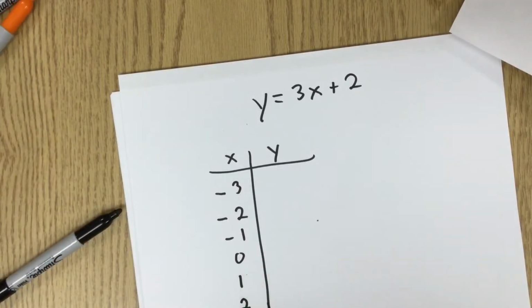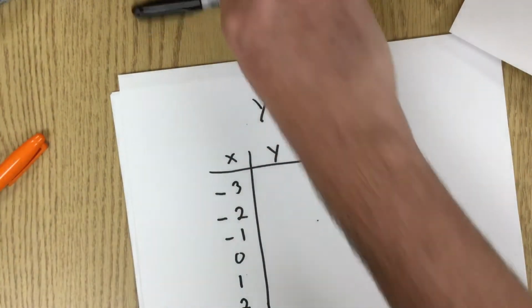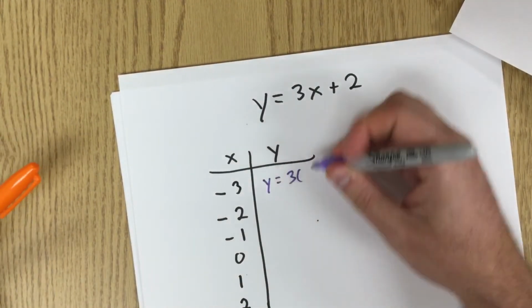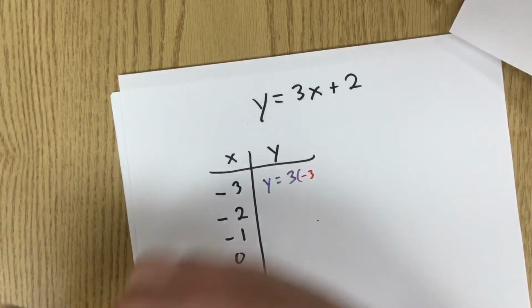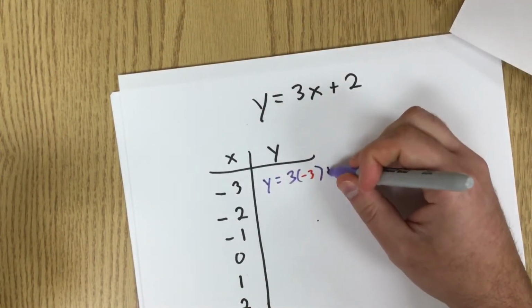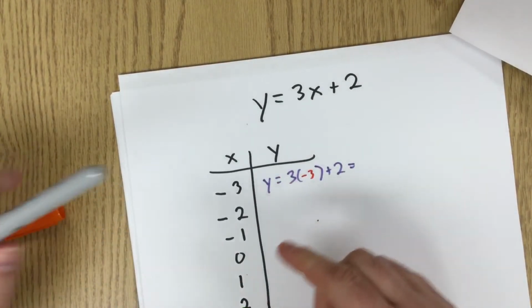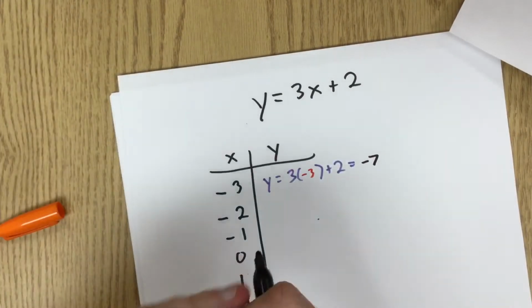Now before, what I did was write out the whole line, y equals 3 times the point, -3 plus 2, which is -9 plus 2, which is -7. I'm going to do that all the way down.